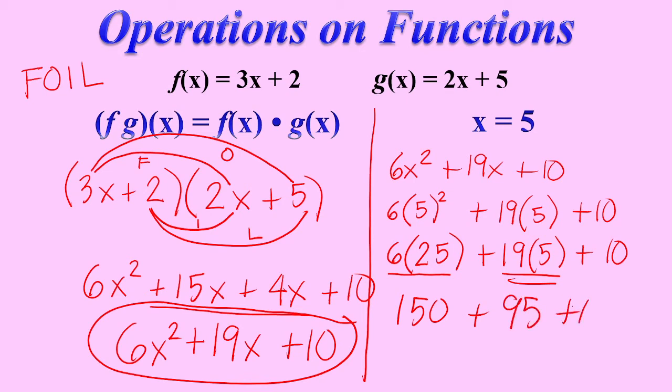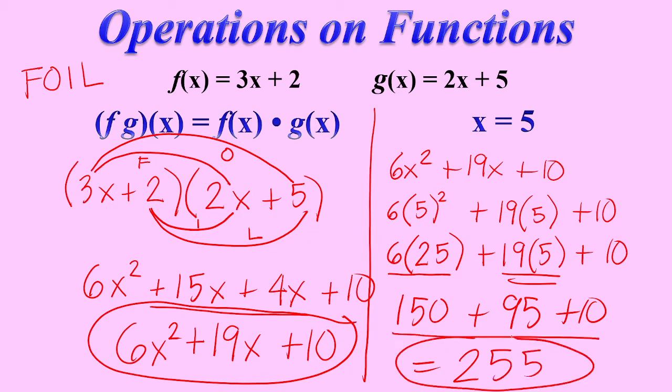Plus 10. What is 150 plus 95 plus 10? 255. That is our answer in multiplication.